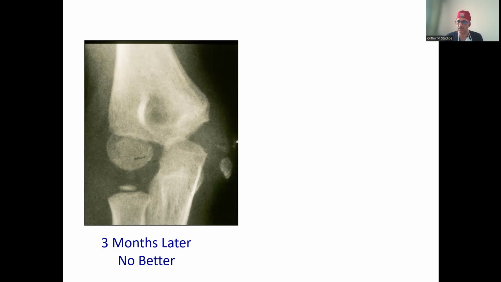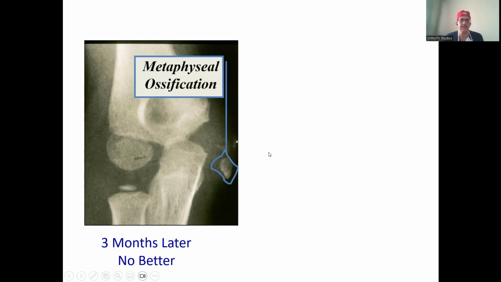He had a stiff elbow, he had pain, and you can see on the plain X-ray now there seems to be some calcification or ossification happening on the medial side. And eventually, this metaphyseal ossification suggests that the true diagnosis is a medial condyle fracture, not an epicondyle fracture.